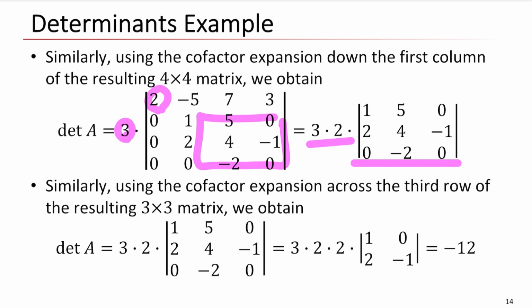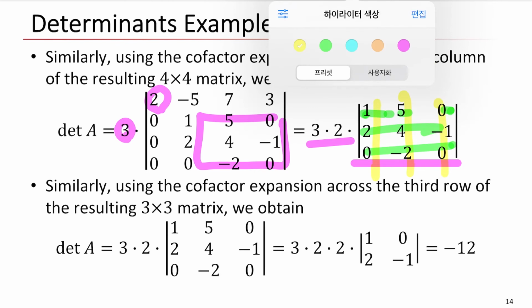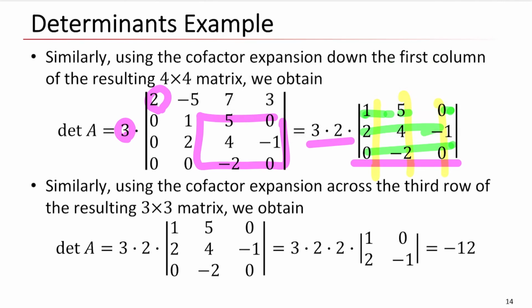Interestingly, for every row and every column, if we pick this one or this one, the computation would be much easier than the other choice, right? So here, let's choose this one. Okay, so 3 times 2 times, where is that?